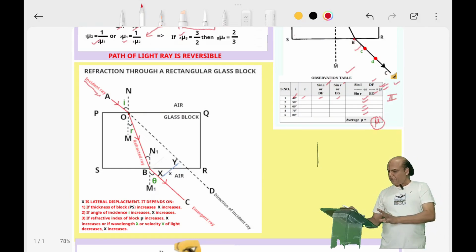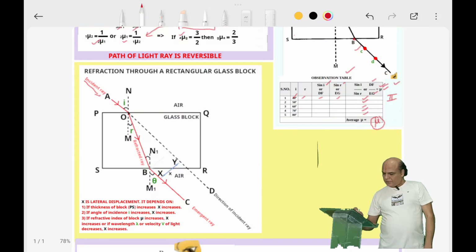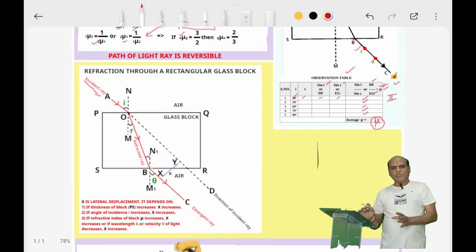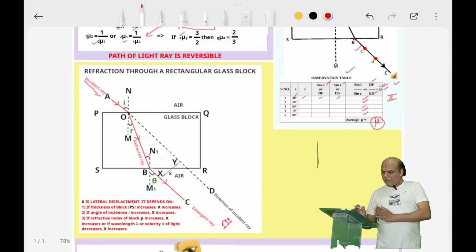Now the same phenomenon, whatever we had done earlier. See, the path OD would have been the original path of the incident ray if there were no refraction. So for a person who is looking from this side, there is a shift in the incident ray.